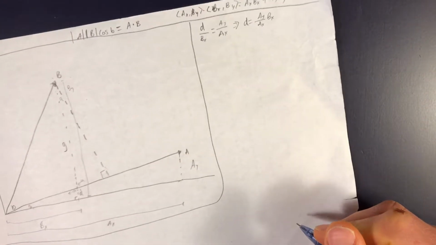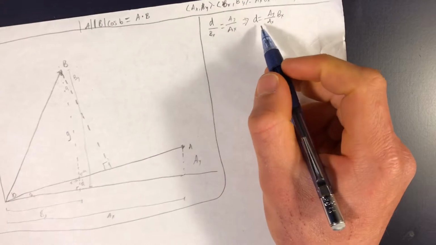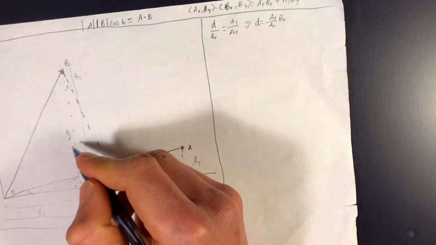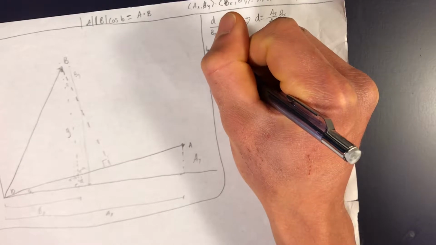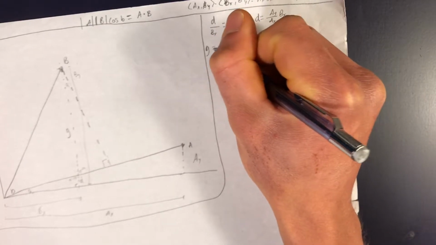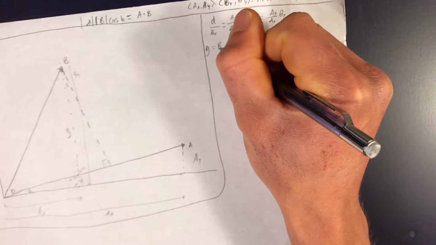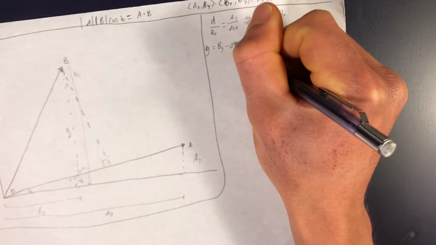Okay, now that we have D, G is equal to BY minus D. It's equal to BY minus D.